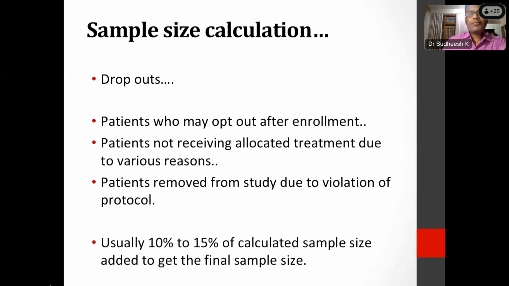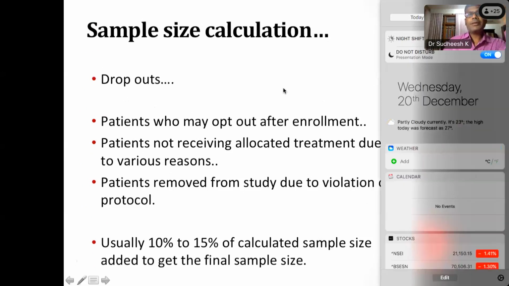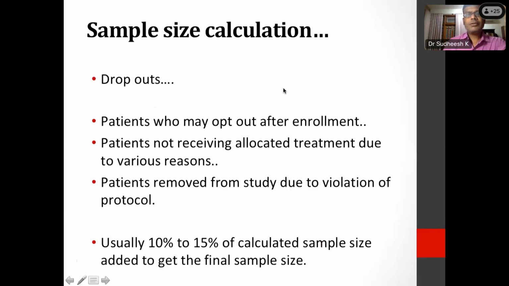Many times what happens is, once you start recruiting, patients can go out of the study due to various reasons. It might be the patient's wishes, or sometimes the protocol might not be followed, or there might be a violation of protocol, or the patient might not receive the block due to various reasons. So in order to compensate for that, you should always add 10 to 15% of the calculated sample size to get the final sample size.